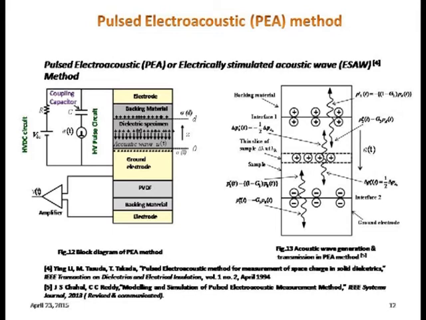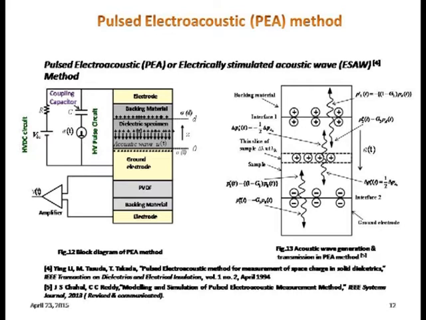The entire part up to here you may consider as electrodes. Between these two electrodes the dielectric specimen is placed. Below that a PVDF sensor is placed, and again some backing material and an electrode is given here.